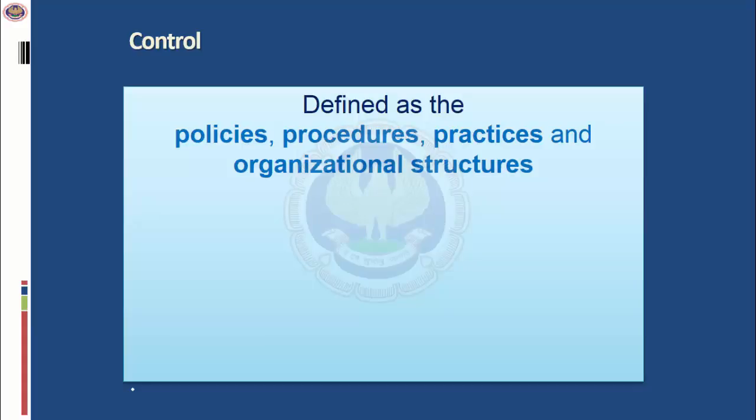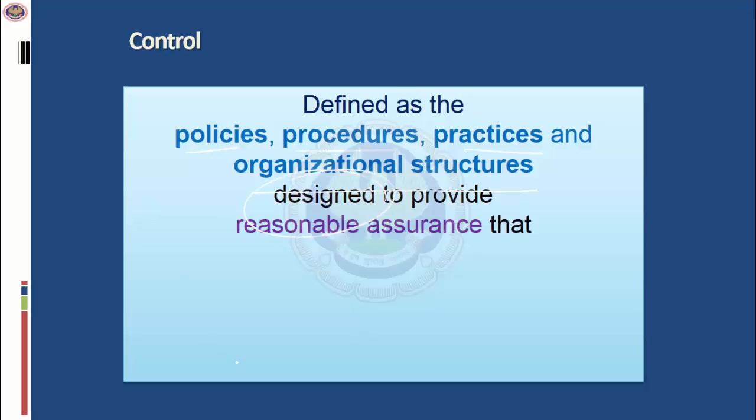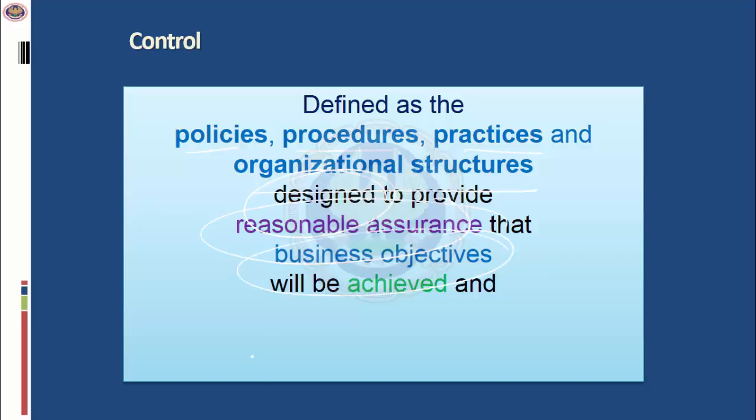Now, with this perspective of internal control, let's once again run through the definition of control. What is the control? We are referring to the policies, procedures, practices, and the organized structure, which are designed to provide a reasonable assurance that business objectives are achieved.